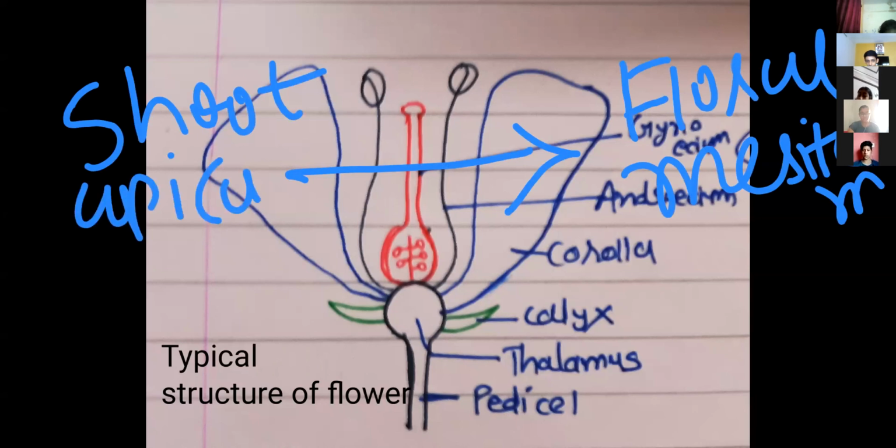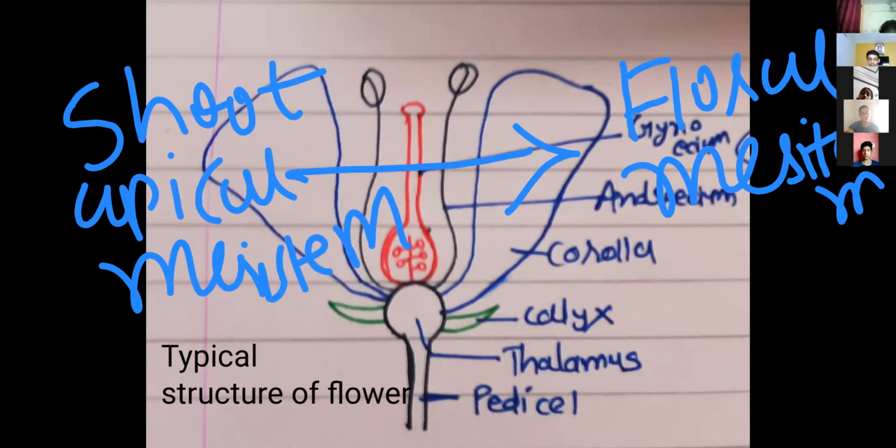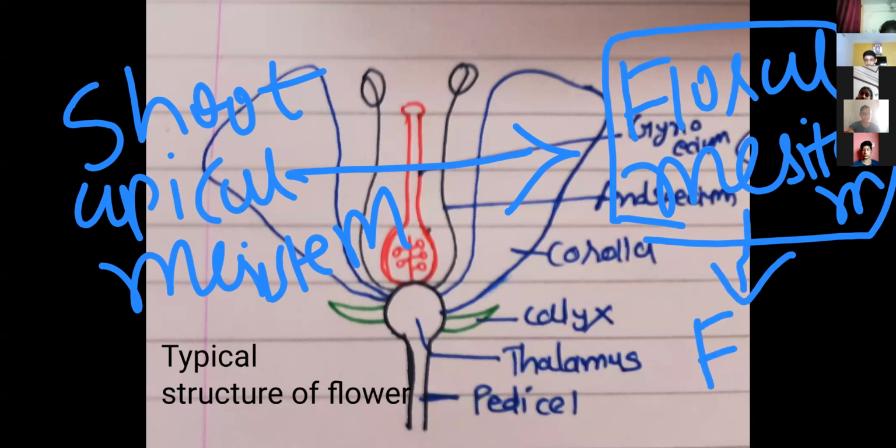Basically, it's a shoot apical meristem. So this shoot apical meristem changes into floral meristem and forms a flower.